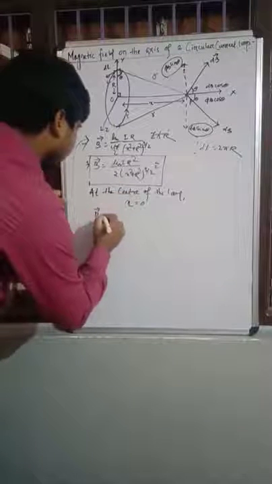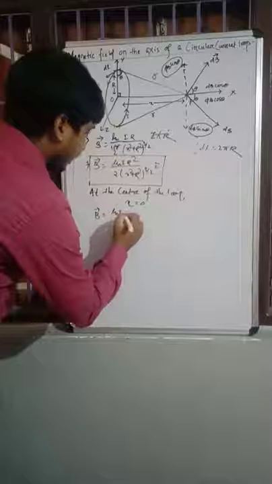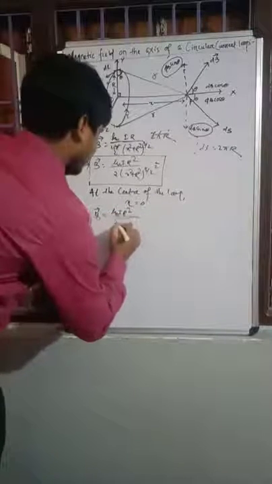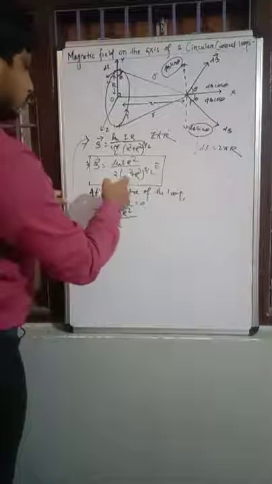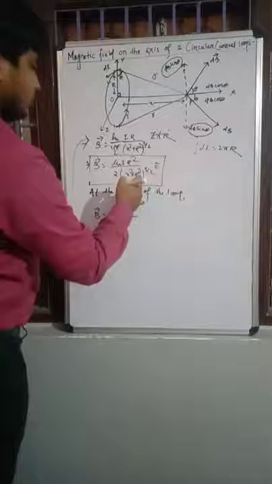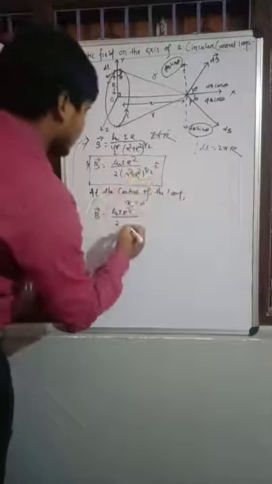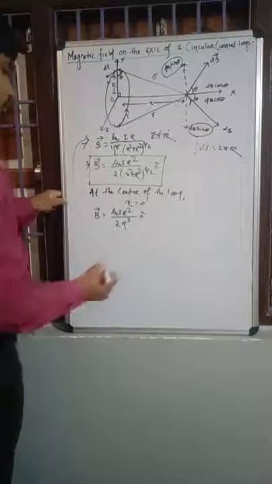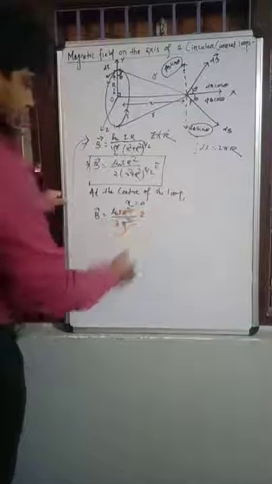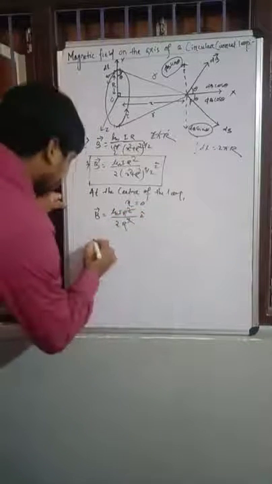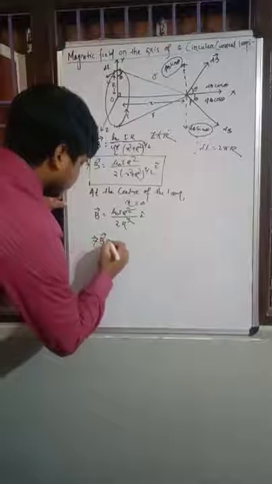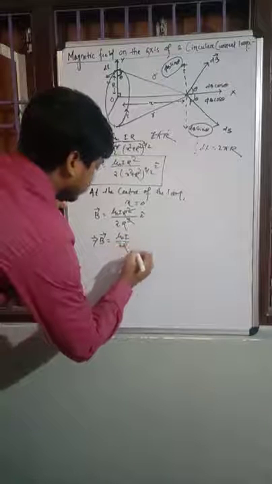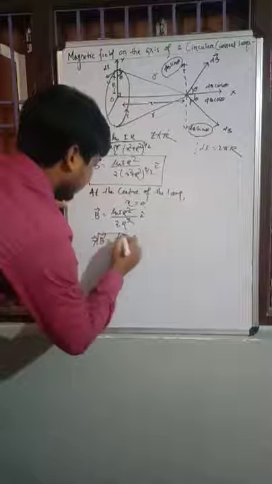Then the B vector will become mu naught I r square divided by 2. This term is 0, and this will become r square to the power 3 by 2, that means r cube, into i cap. And you can see that this r square will be cancelled. So the B vector will come mu naught I by 2r into i cap.